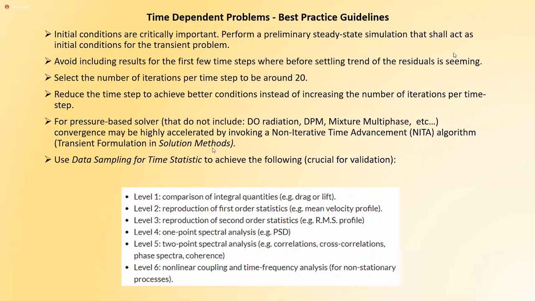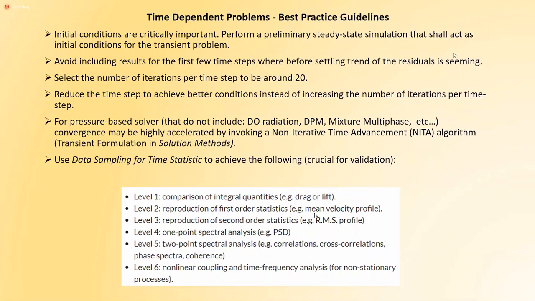Here is something a little bit not related to what we're talking about right now, but usually when we use Reynolds-averaged Navier-Stokes equations, we wouldn't get more than first order statistics.